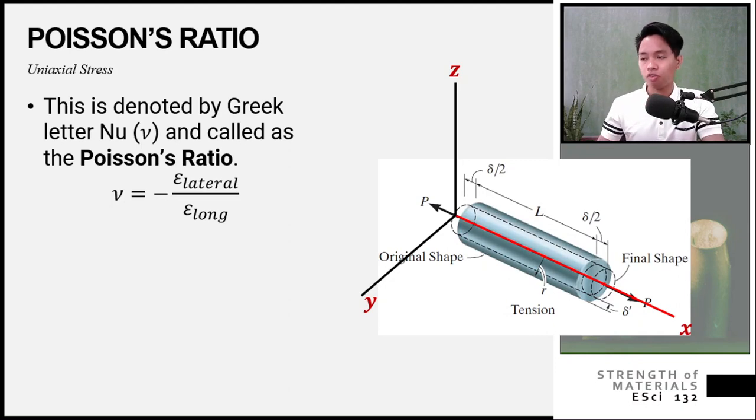Now, therefore, the remaining ones, your length in y and your length in z, are my lateral lengths. Right? Lateral lengths. In this case, since it is a rod, they are both equal to the diameter. Right?